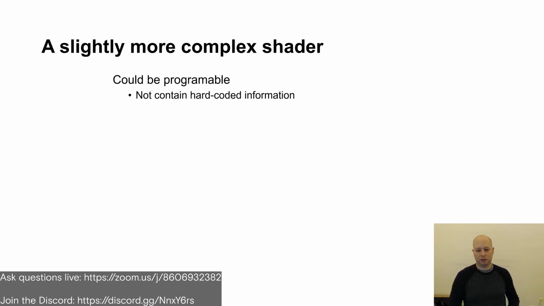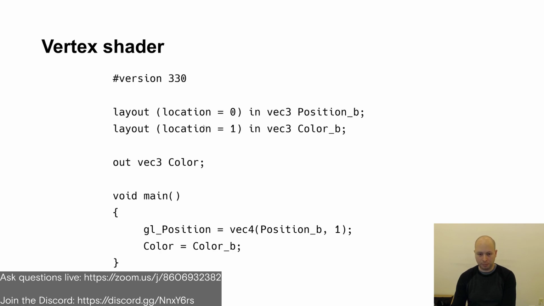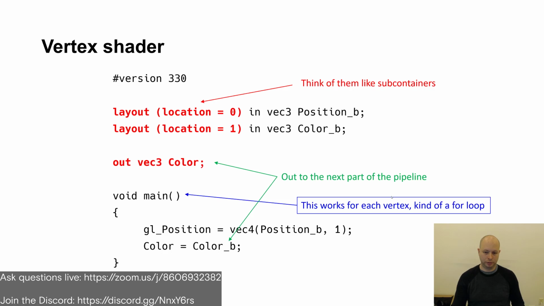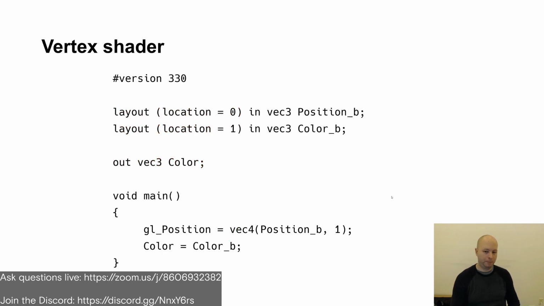So let's talk a little bit about a more interesting example. This is slightly more complicated, and you'll see here we've got more code. But most of the pieces are largely the same, right? We've got the version. We've got some more inputs that were not in our previous one.